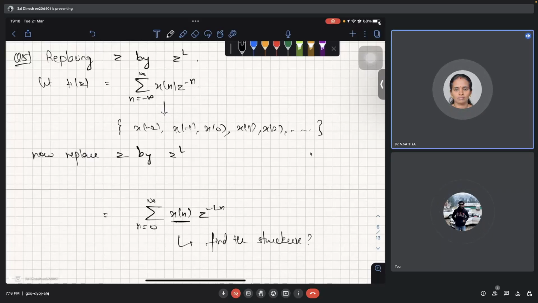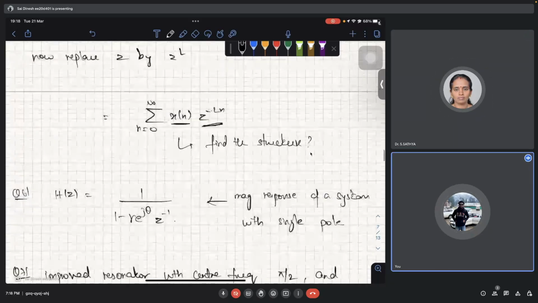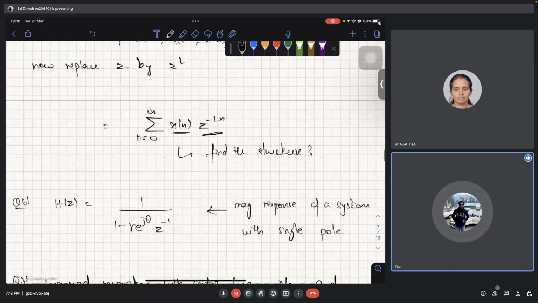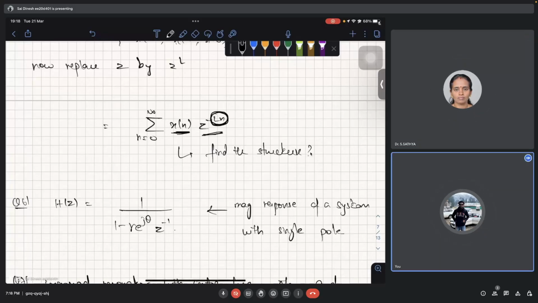And if you substitute z with z power l, now we have z power minus l here. So only for the values of n that are multiples of l, there is a non-zero value. With respect to the value of l only, our value changes, right, sir? Let's say l equal to 5. For n equal to 0, it is z power 0.